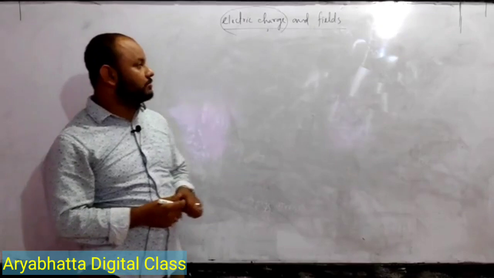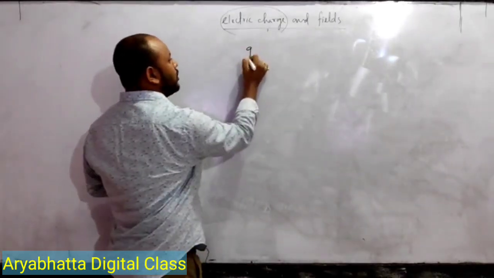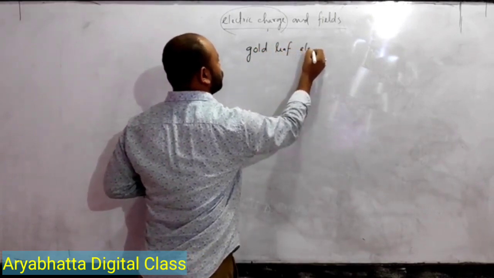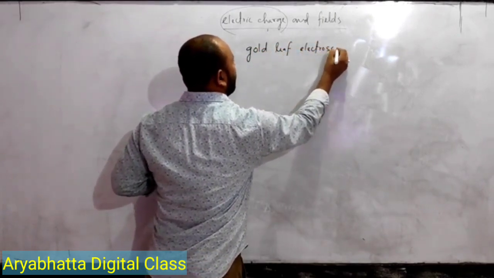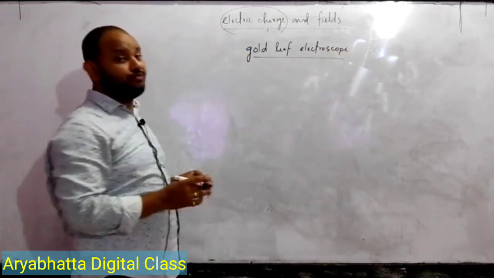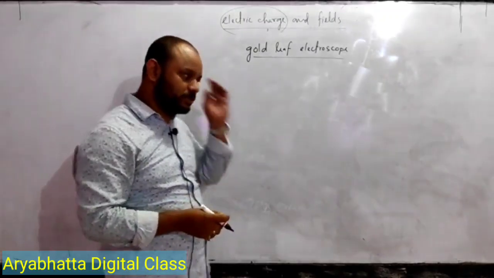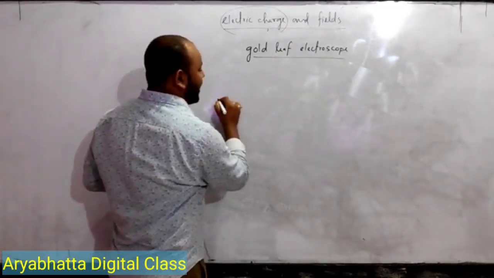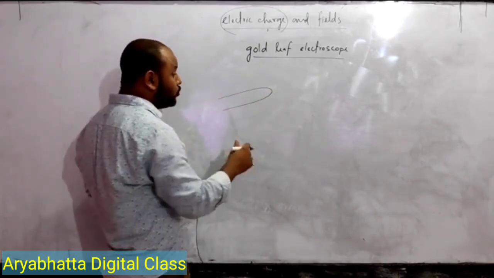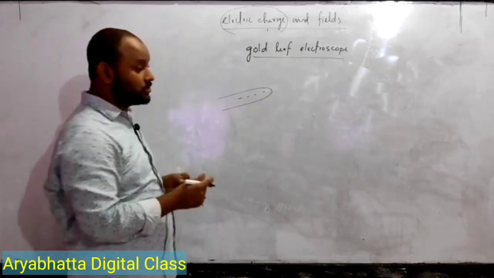A question may come in the exam, that is, what is a gold leaf electroscope? Basically, a gold leaf electroscope is a device for detecting electric charge. That means, suppose we have a plastic rod and we rub this plastic rod with wool, then negative charge will appear on that plastic rod.